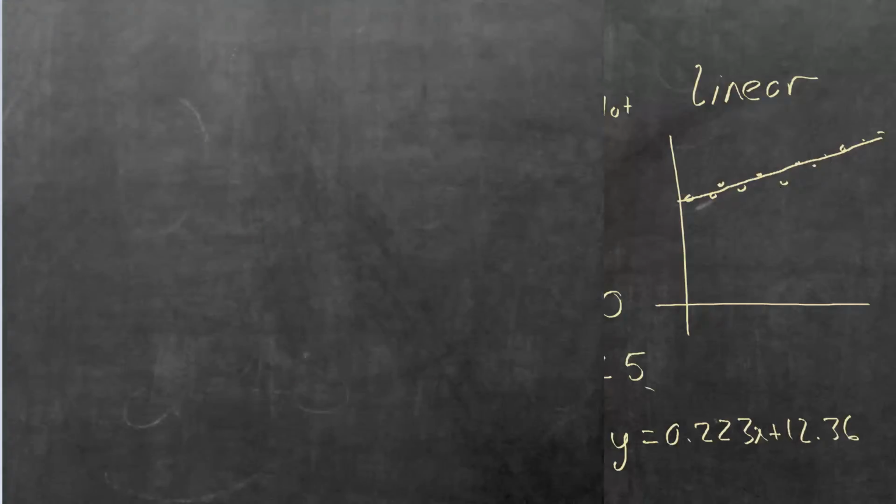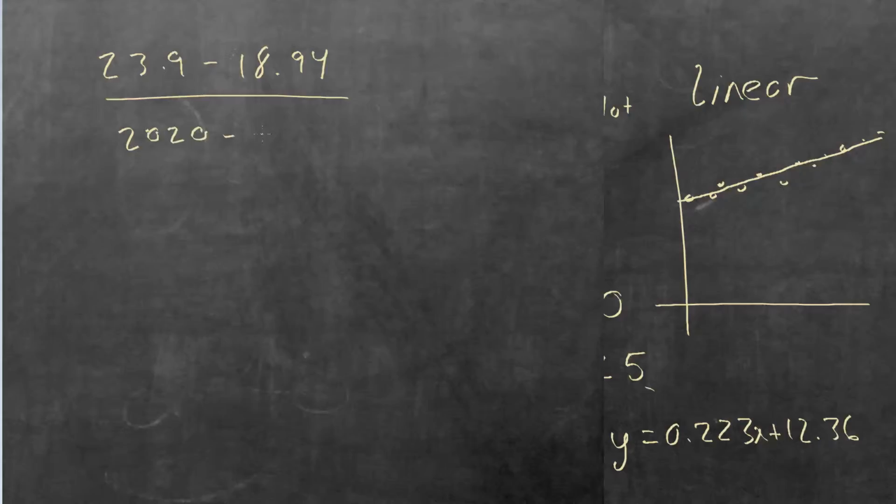And it says, using our model, what will the average rate of growth be between 1999 and 2020? So doing 23.9 million minus the 1999 was 18.94 over 2020 minus 1999.